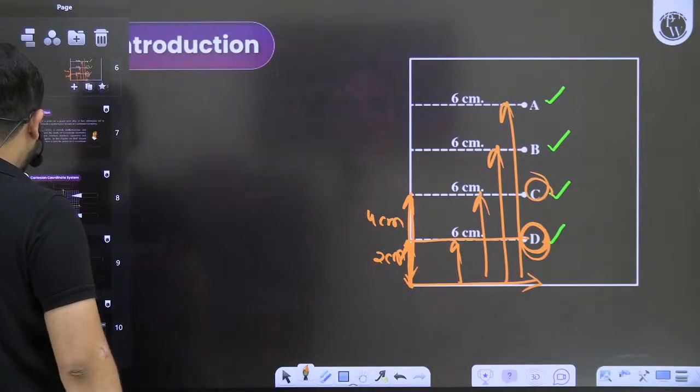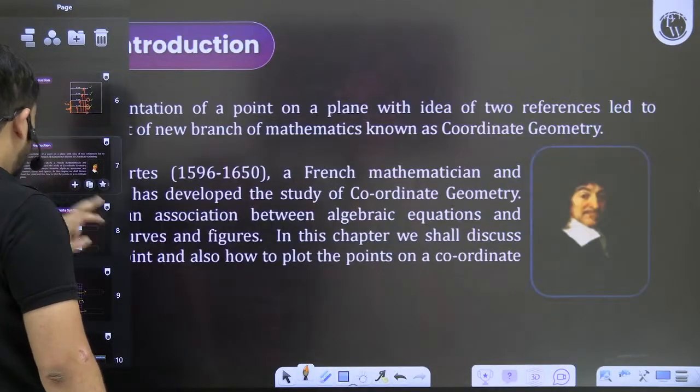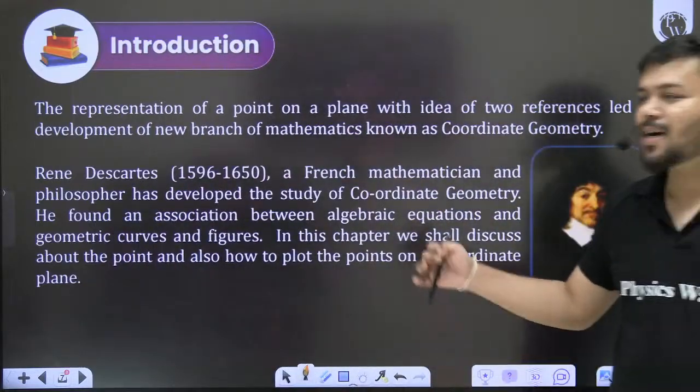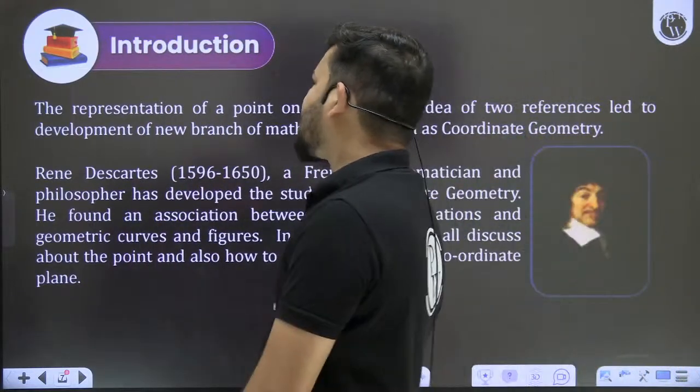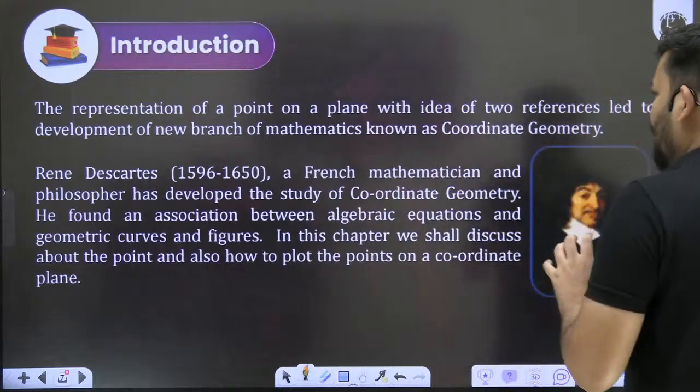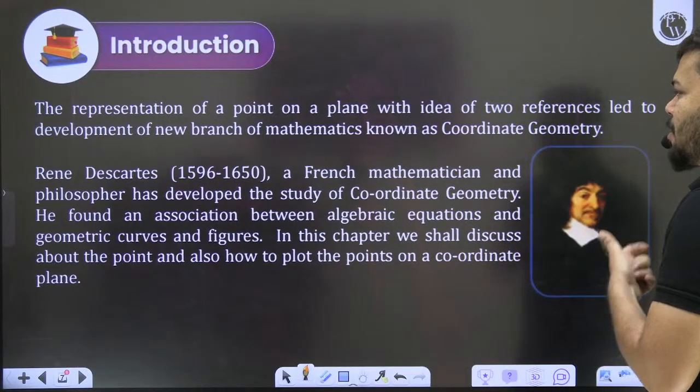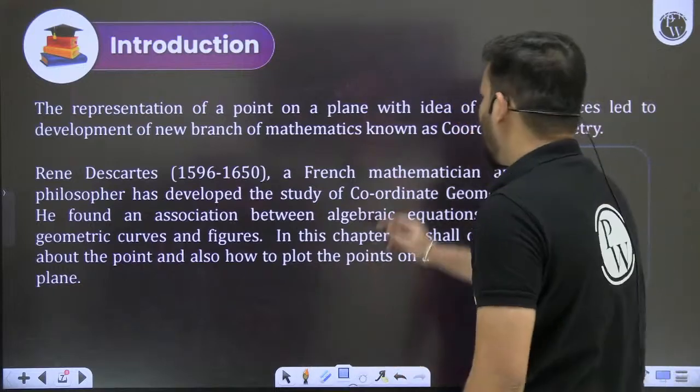Now you can see here, there is a point here. With the help of this, a scientist calculated the solution to this issue. The representation of a point on a plane with the idea of two references led to the development of a new branch of mathematics known as coordinate geometry.